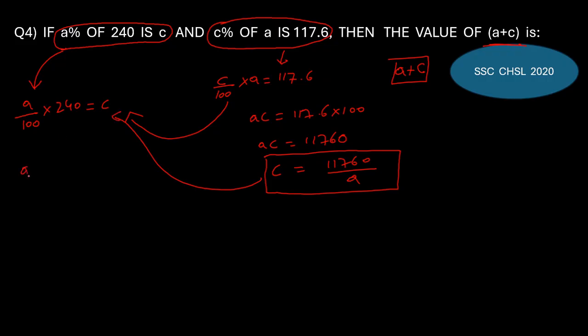After substituting, I get A by 100 into 240 equals 11760 upon A. Here I have cancellations, so I will cancel.